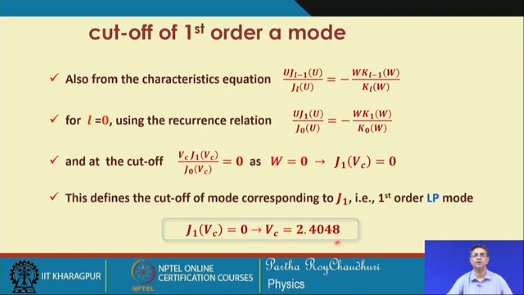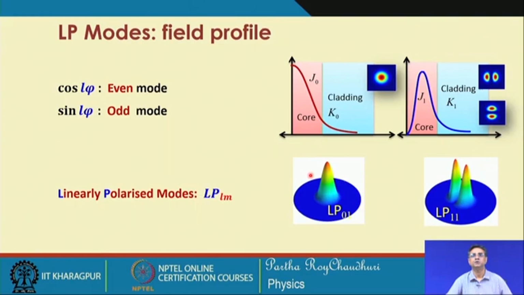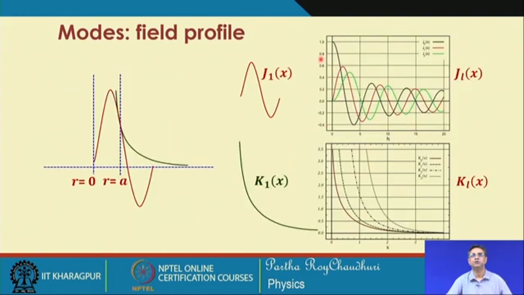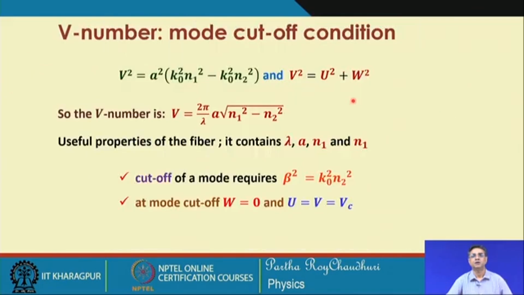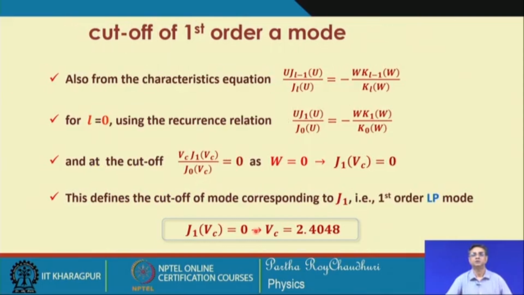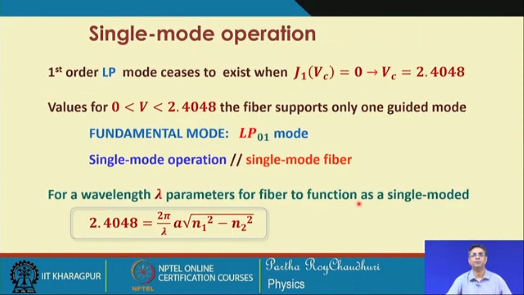This is a very well known number in optical fiber systems, and if you want to see the j 1 function, this is your j 1 function which will have the first 0 at this point. So, this point corresponds to x equal to 2.4048. At this point the mode will be cut off. So, this defines the cutoff property.